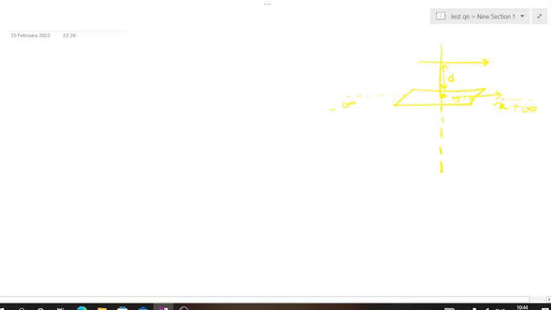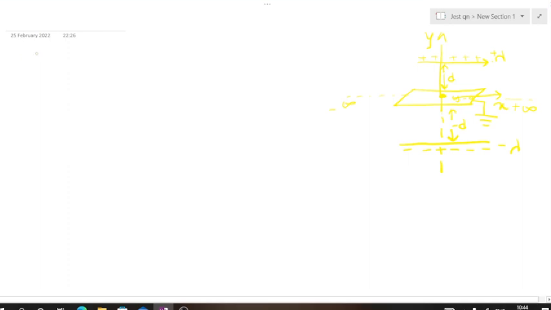This is the x-axis, this is the y-axis, y equal to 0, that is the origin. Plus charge, that is lambda, and due to this plus charge and the infinite grounded conducting plate, the image of the plus charge will be shown, that is minus lambda, at a distance minus t.